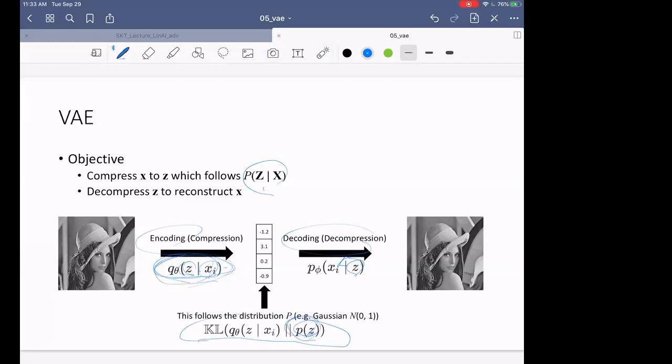This is your assumption: P(Z) is a unit Gaussian, with mean 0 and standard deviation 1, and you want your posterior distribution to be similar to your P. That's why the KL term comes in; KL divergence measures the difference between two distributions. So: encoder, decoder, KL term, that's it.